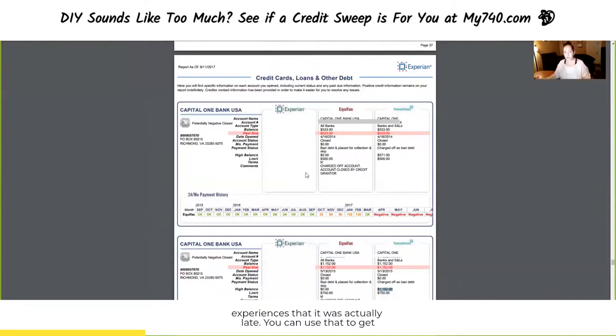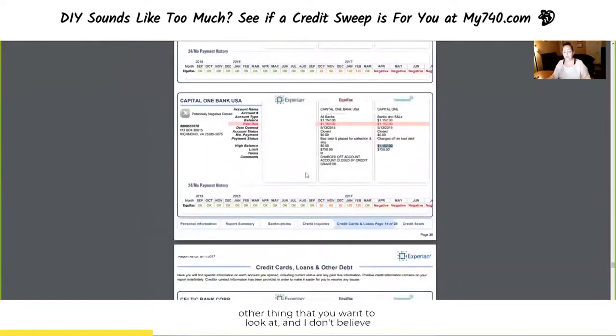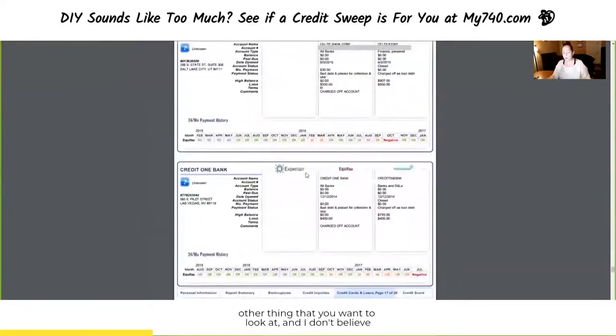You can use that to get the late payment off if it was just late, or if it's a charge-off, and you've already exhausted these remedies to get it off, then you can actually dispute the fact that Equifax says positive and Experian says negative, and whatever TransUnion says. Most of the time, TransUnion does not even have a payment chart on there. That kind of sucks.